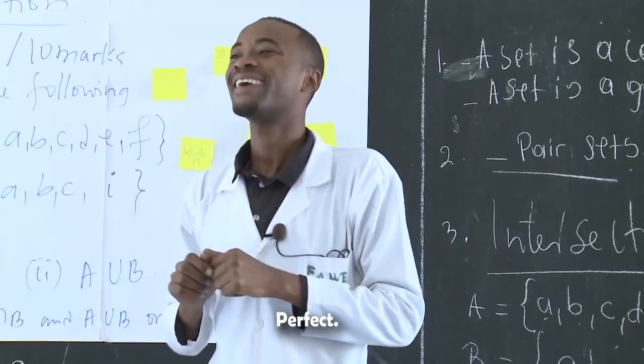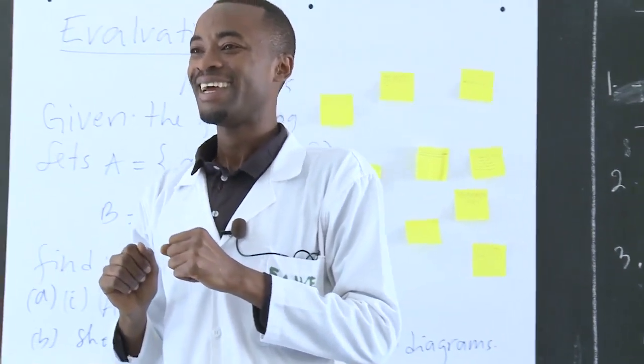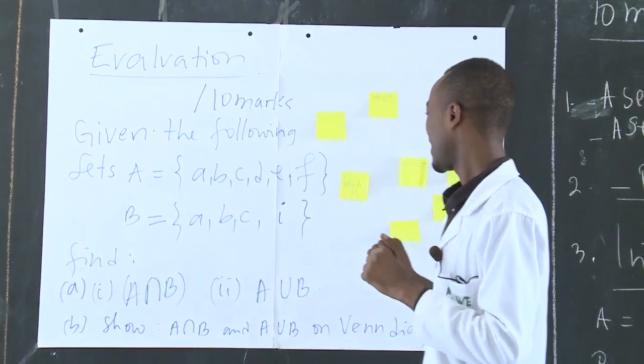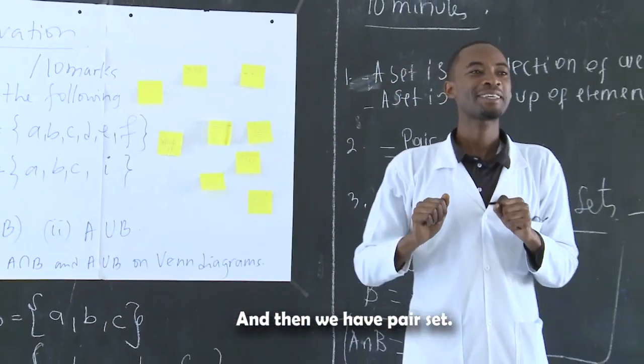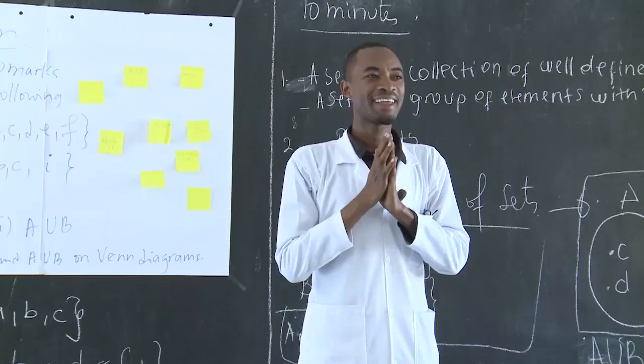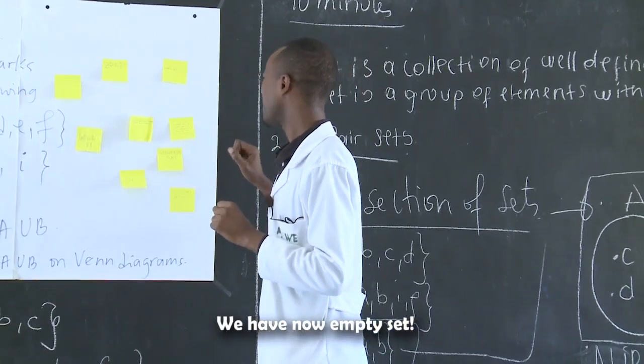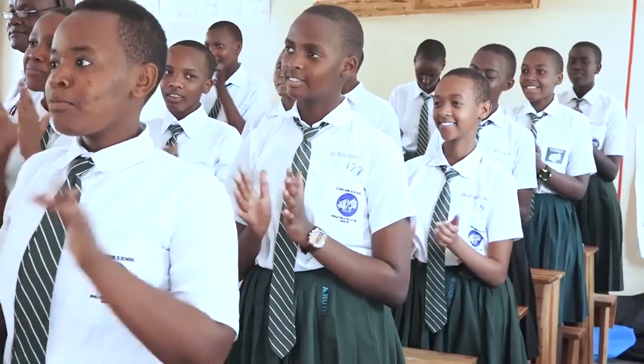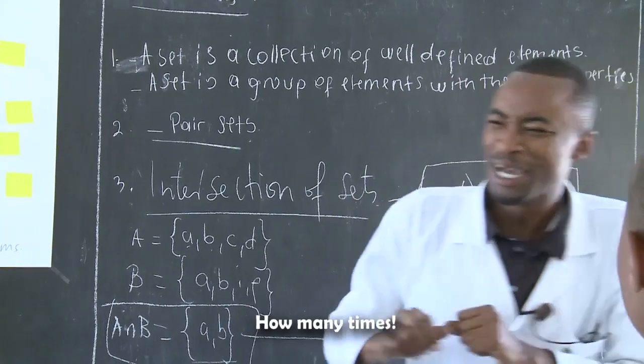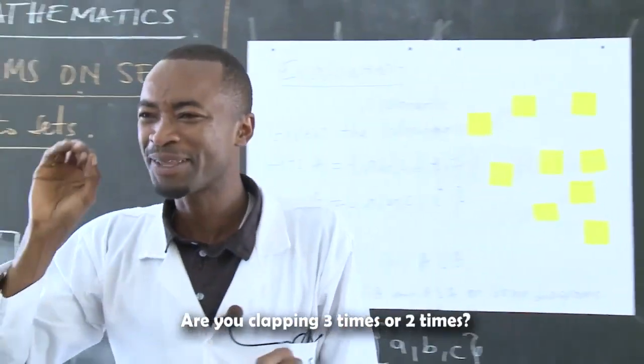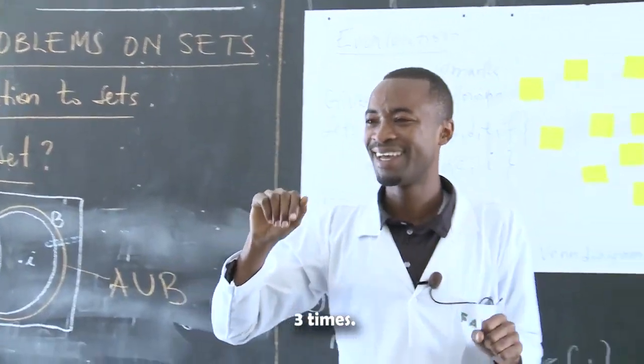Set. All right, perfect. Element. Good. And then we have pair set. Okay. We have now empty set. How many times are you clapping, 3 times or 2 times? 3 times.